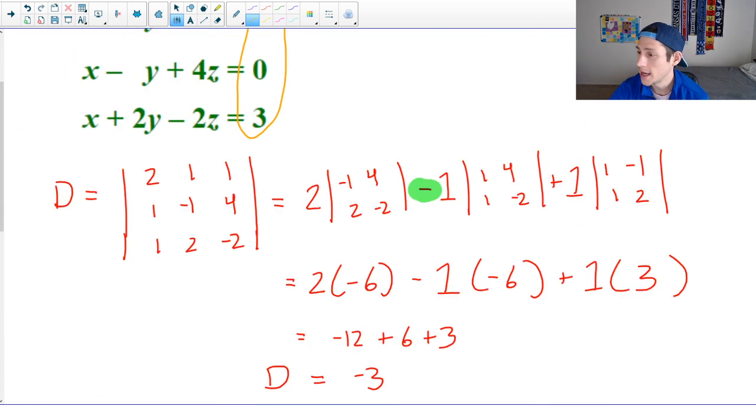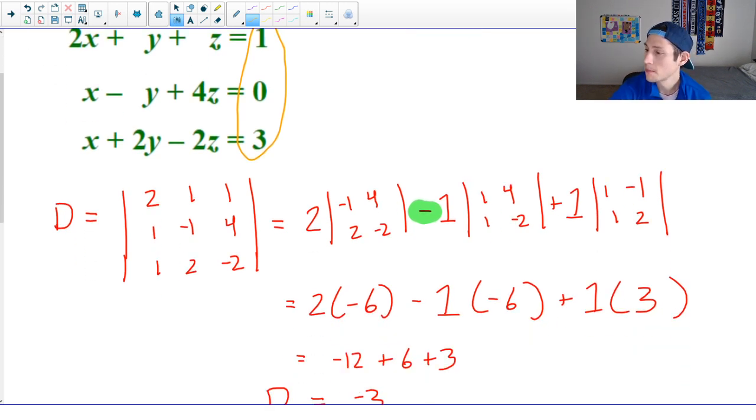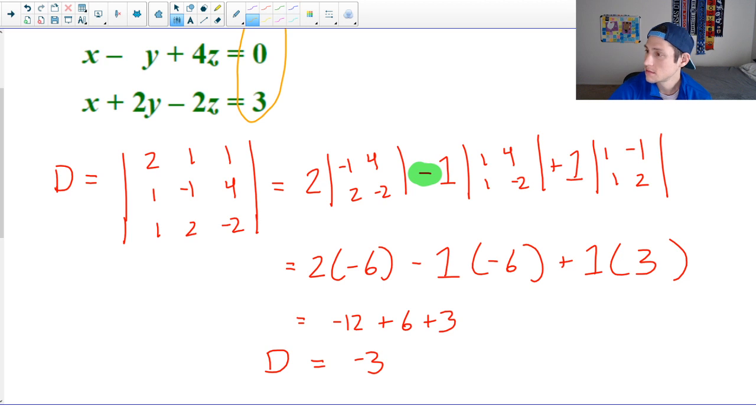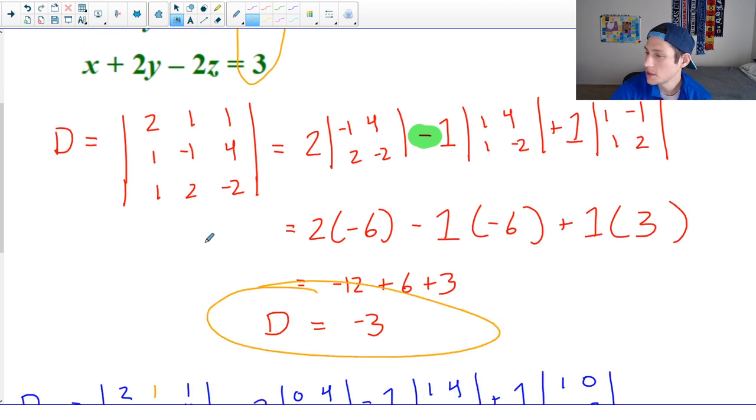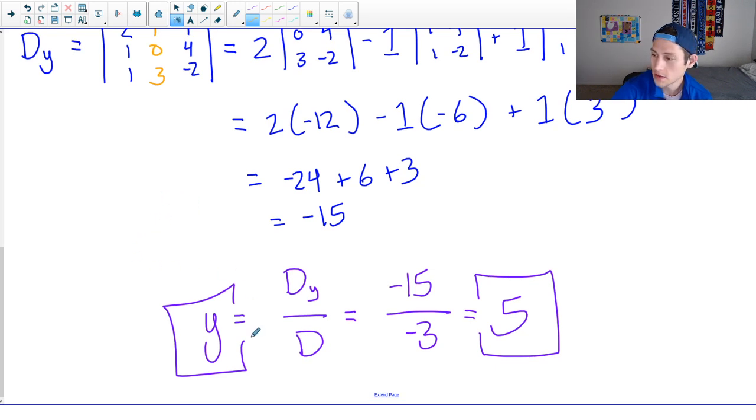I would say do x and z just on your own to practice. You already know what d is, so all you would need to do is find dx and find dz in order to solve for x and z. So you can do dx over d to solve for x, dz over d to solve for z.